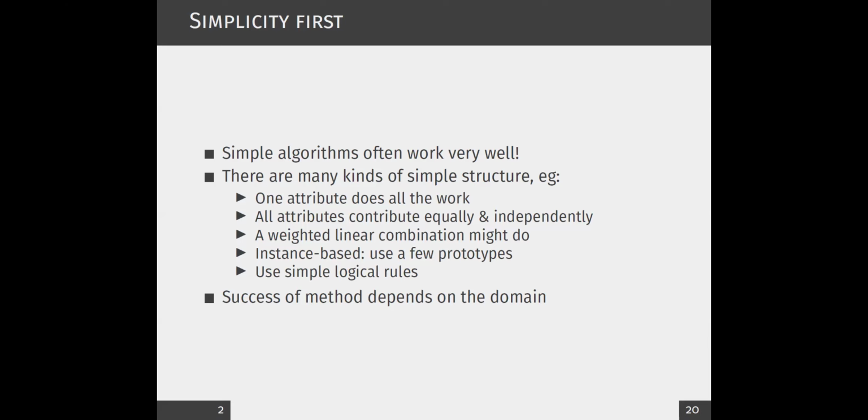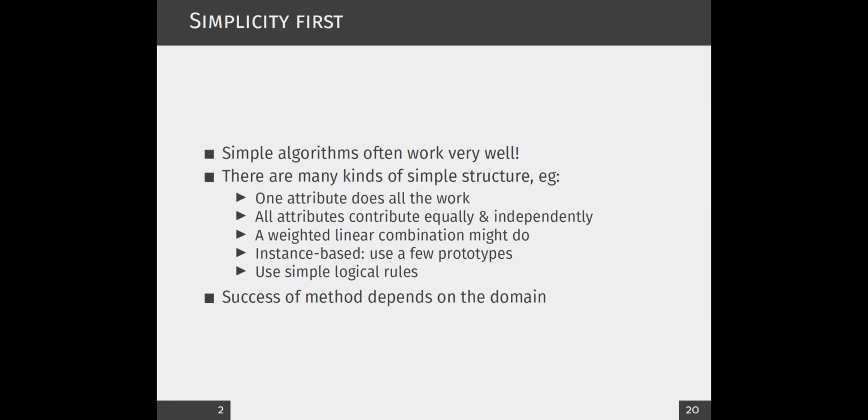But here we are saying one attribute is enough to make the decision, and I will show you that. That's the first one. Second, all attributes contribute equally and independently.